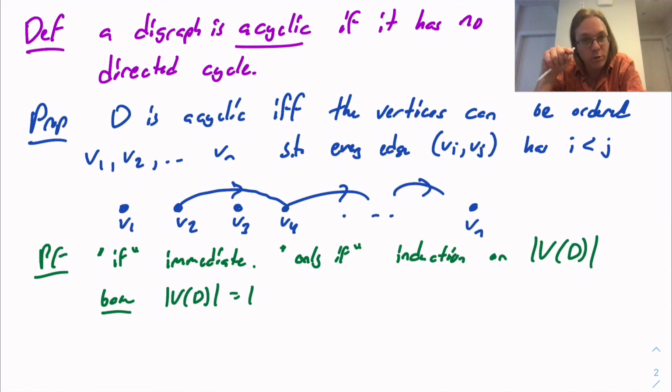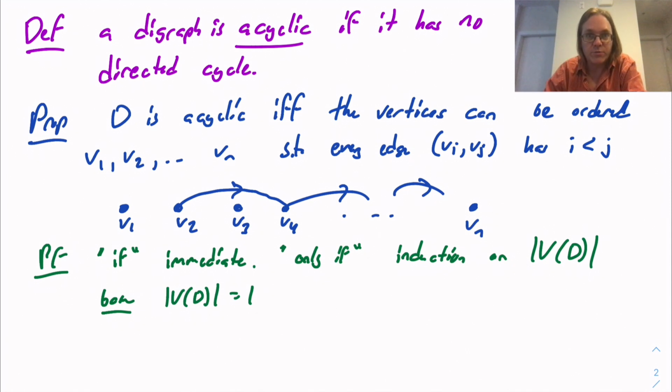One vertex with a loop at that vertex is a directed cycle. Our input assumption here is that our digraph is acyclic. So if I give you a one-vertex digraph that is acyclic, it will have no edges whatsoever, and the trivial ordering will satisfy this property.